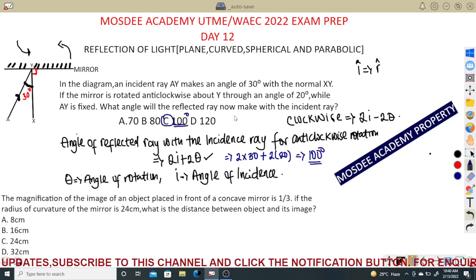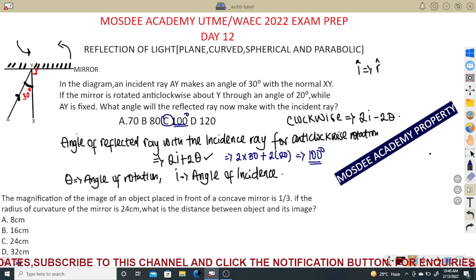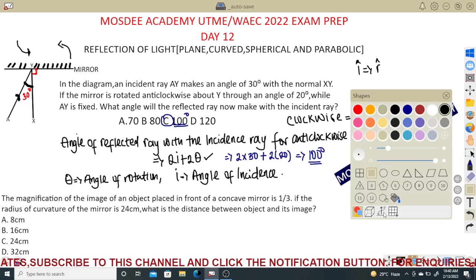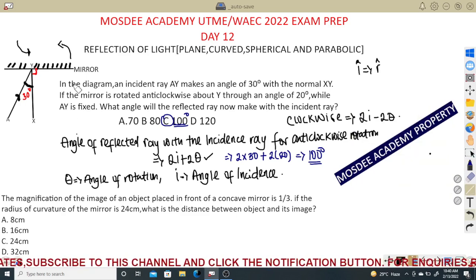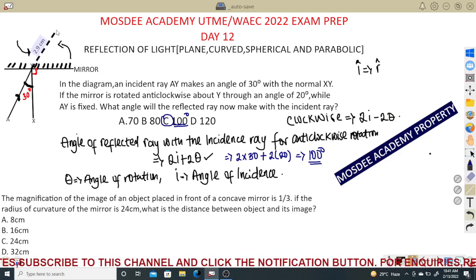Now, for those who have watched my concept video, there are other ways in which we do this, because we know if the ray of light is incident here, it will follow that path. We can trace out the deviation, but because of time, I may not be able to show all of this, but you can watch the concept video. It is not really needed, to be honest.